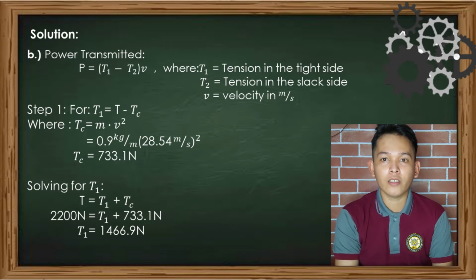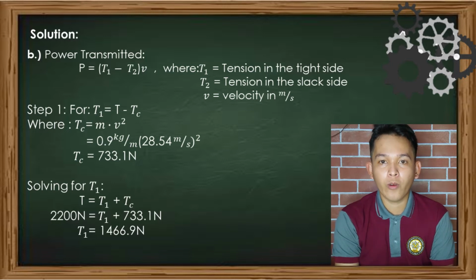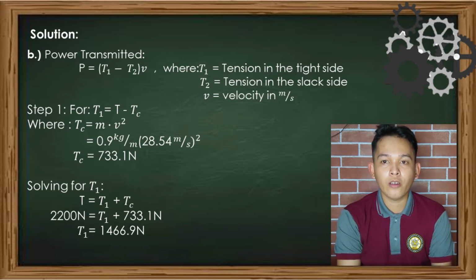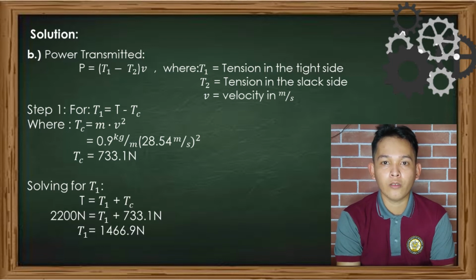For the power transmitted at this velocity, we know that P equals the quantity of T1 minus T2 times velocity. Step 1: T1 equals T minus Tc. We already have the mass, 0.9 kilograms per meter, and the velocity in letter A, which is 28.54 meter per second, where Tc equals mass times velocity squared, so 0.9 kilograms per meter times the quantity of 28.54 meter per second raised to the power of 2.